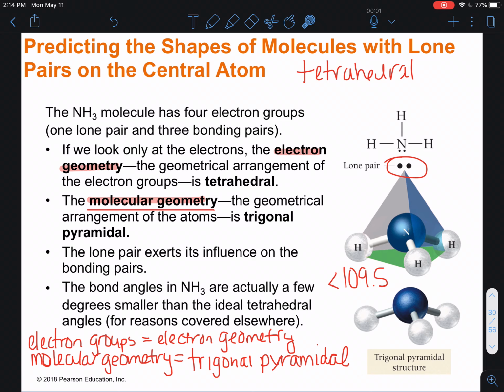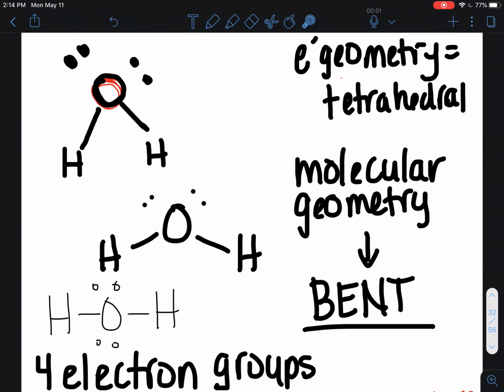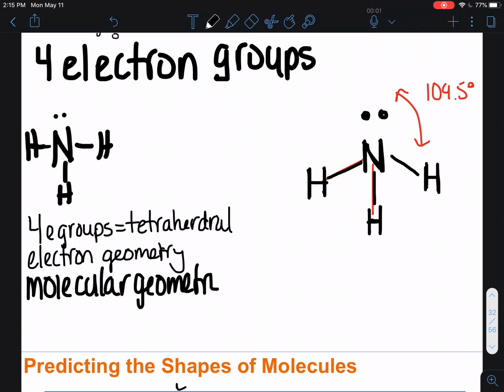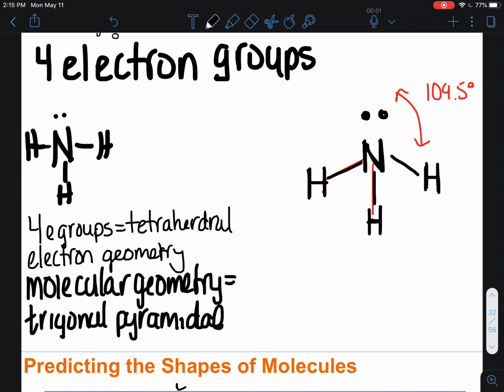This is called trigonal pyramidal. All right? So even though we have 4 electron groups, which give us a tetrahedral electron geometry, the molecular geometry is trigonal pyramidal because of 1 lone pair.